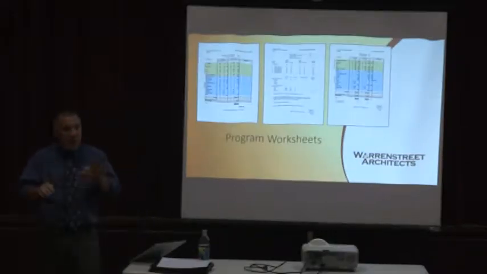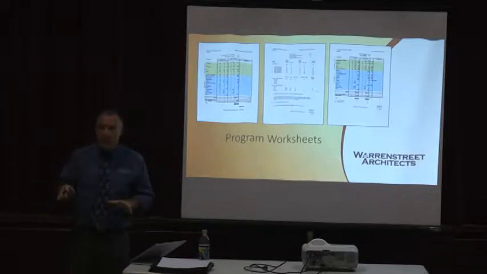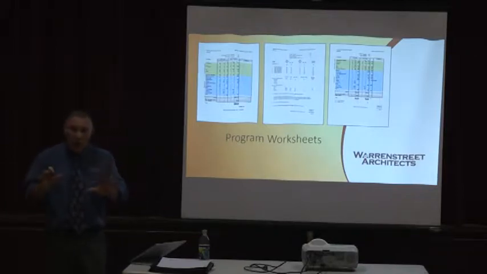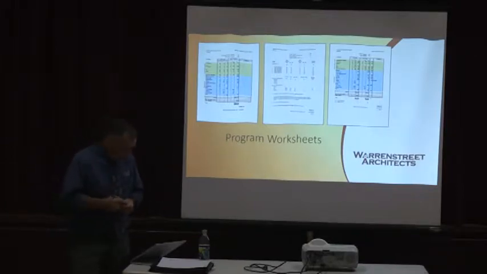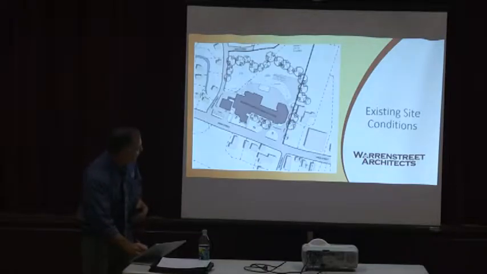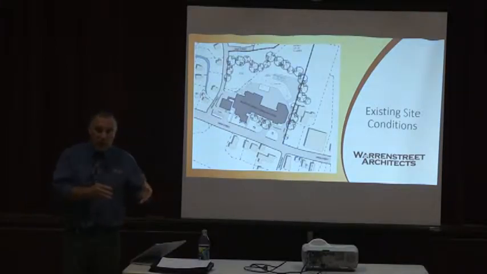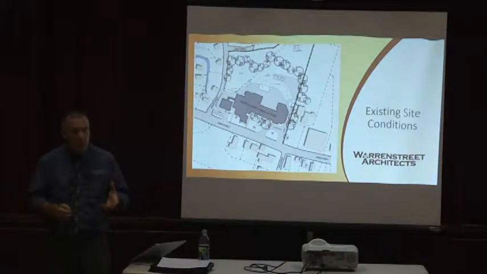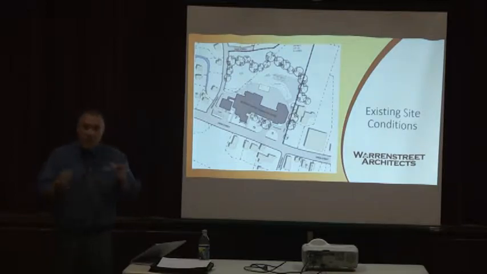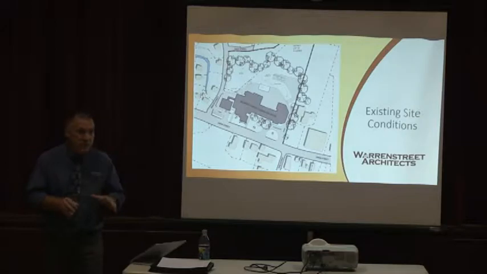And then I compare that new versus existing to try to come up with what our space needs are. Another thing that I do is study the building. So I know what the program is now. I know how many spaces we need and what the sizes are. Now I start to fit that into the existing building. Are the current spaces meeting those needs?